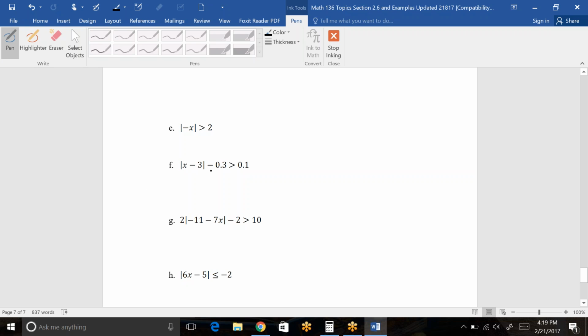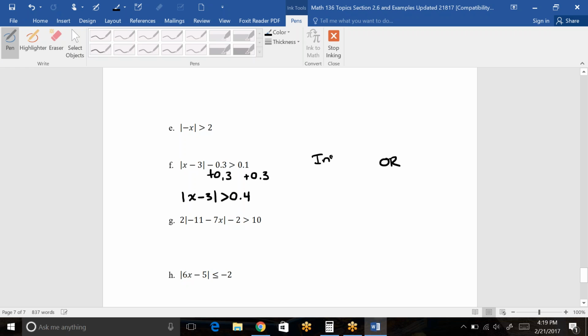And you just kind of have to think, does the sentence make sense or not? So for this first one, we need to isolate the absolute value. So I'm going to add the 0.3 to both sides. That would be absolute value of x minus 3 is greater than 0.4. Since this is a greater than problem, greater than problems break down into two cases.